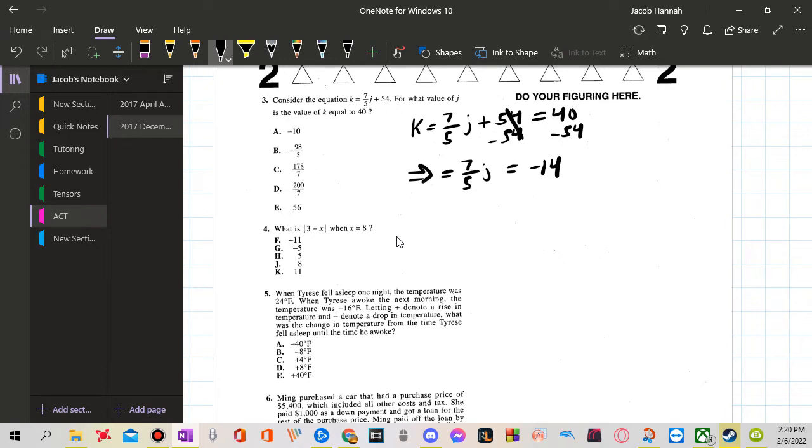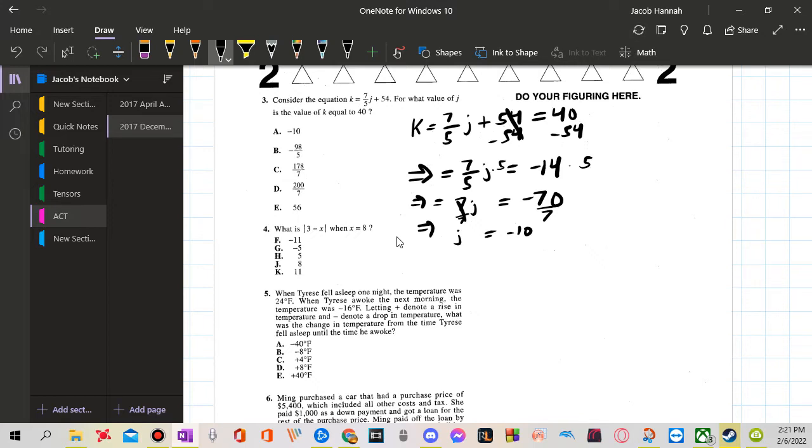Alright, so now we times by 5 on both sides. So this is going to be 7j equals negative 14 times 5, which is negative 70. And now we divide through by 7. So j equals negative 10.